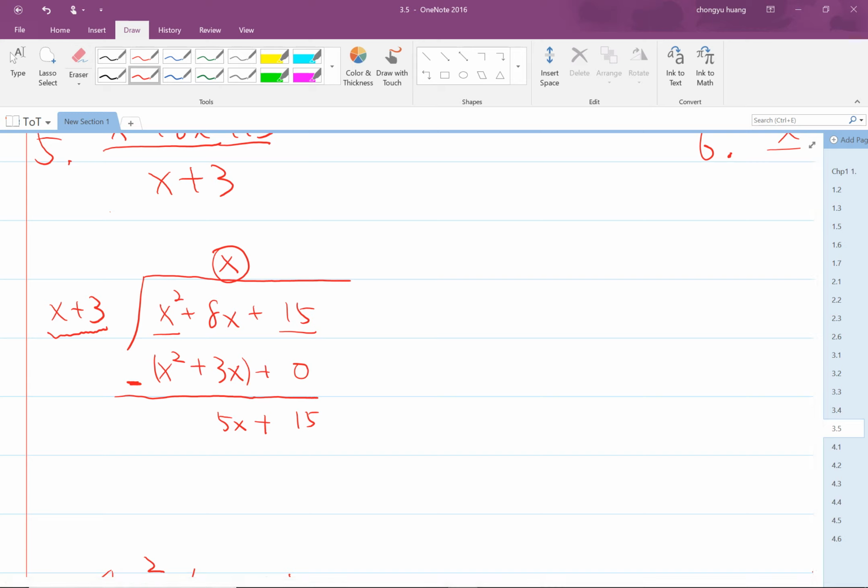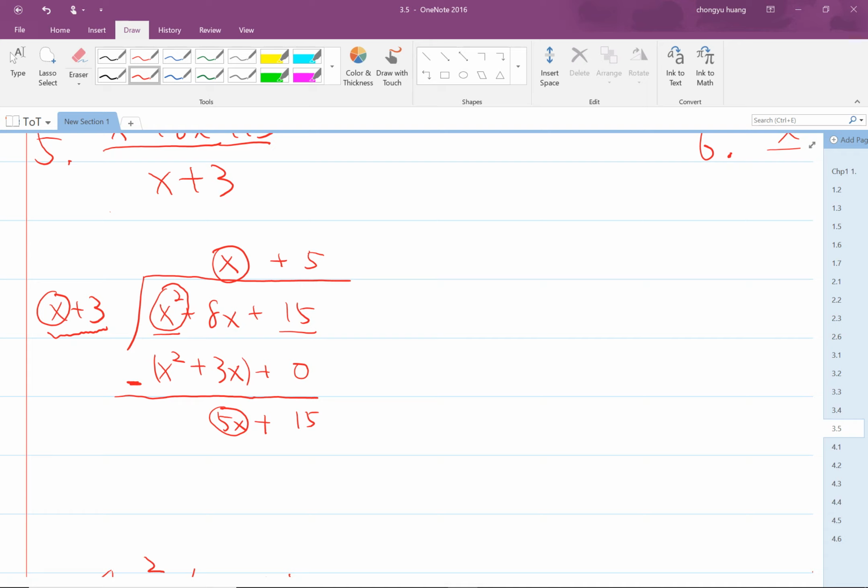Now you can see we have a 5x and then a single x, so you want to multiply by 5. Remember, you're always trying to make the same term and then get rid of it.